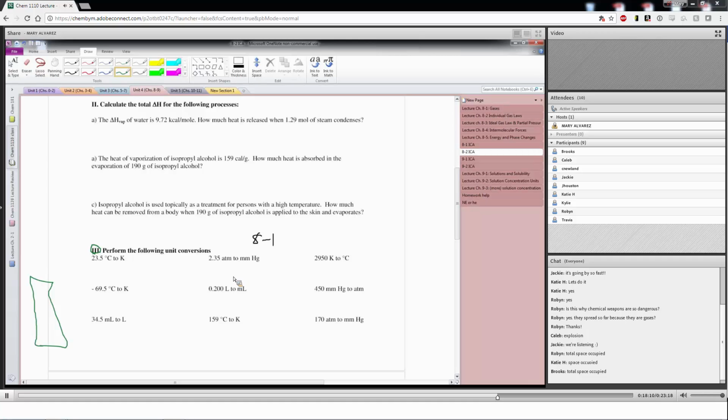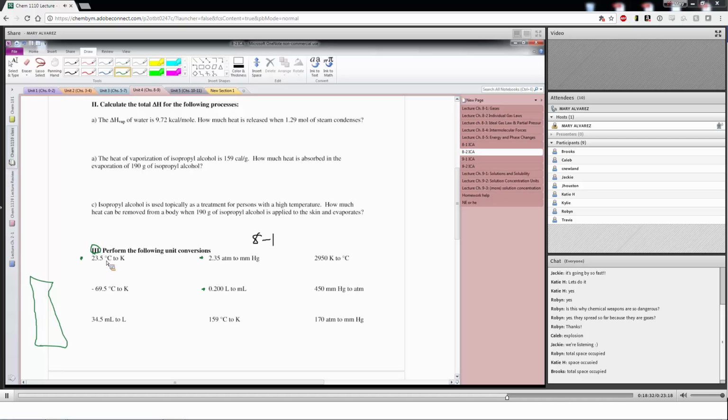So let's just do a few of these here, and then I'll let you guys do the rest of them before you come to class on Wednesday. So let's see, here's a temperature conversion, here's a pressure conversion, here's a volume conversion. Let's do each of those.